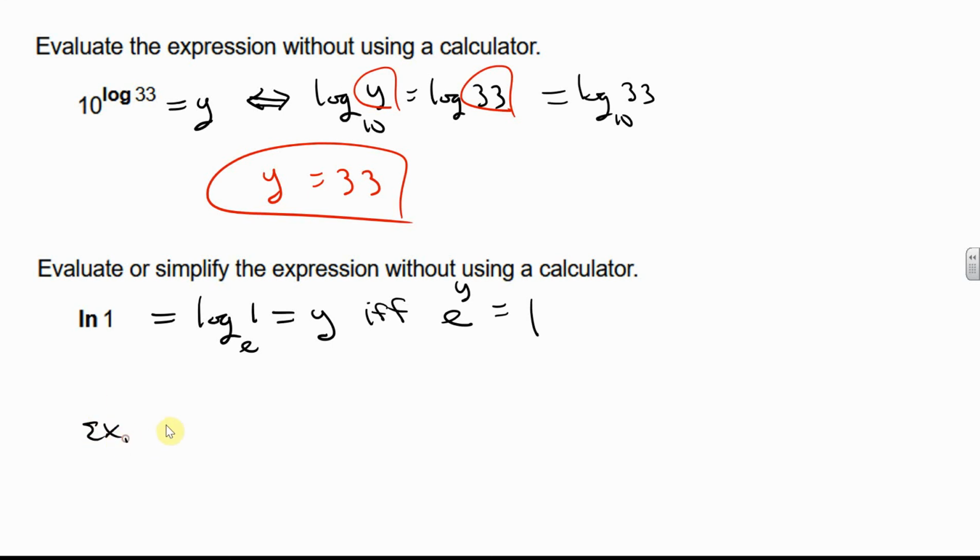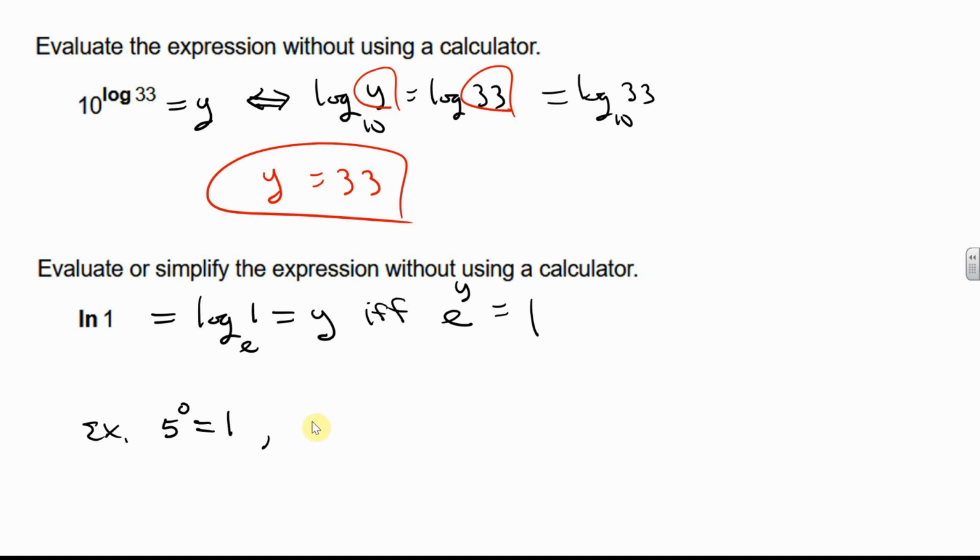What about this? What's 5 to the 0 equal to? 1.